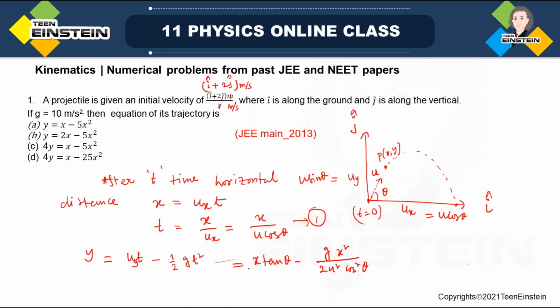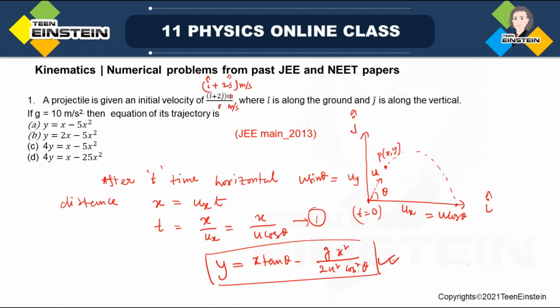So this is the trajectory. This is the formula for the trajectory at any point of time for a projectile. So hope you will be able to do it and you will be remembering this formula positively.